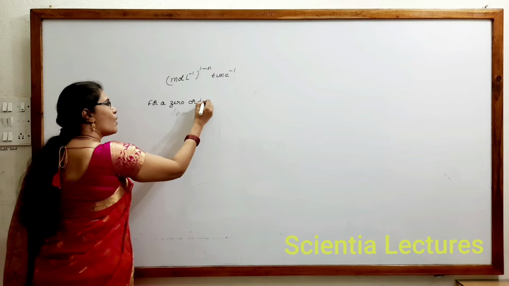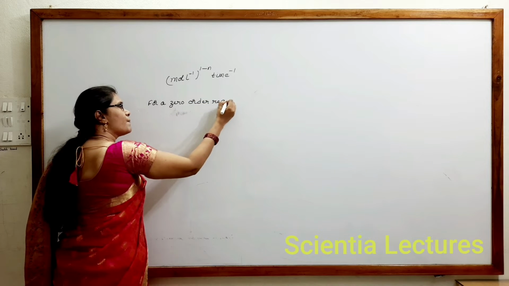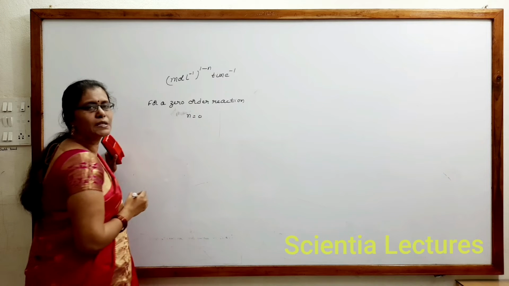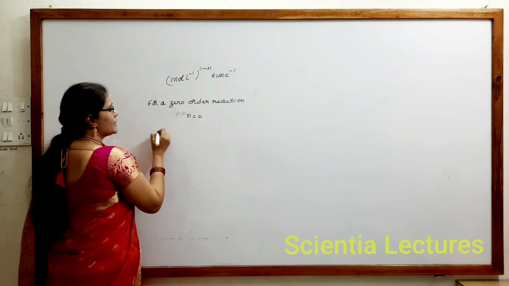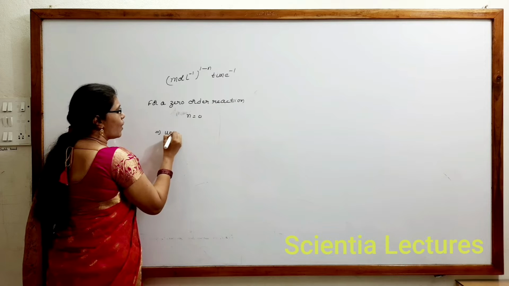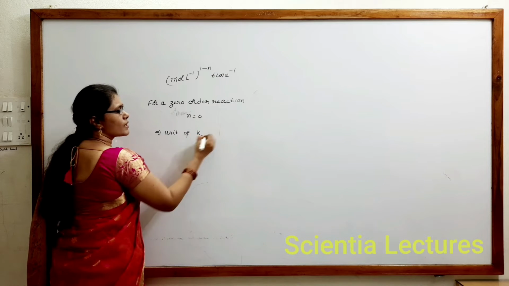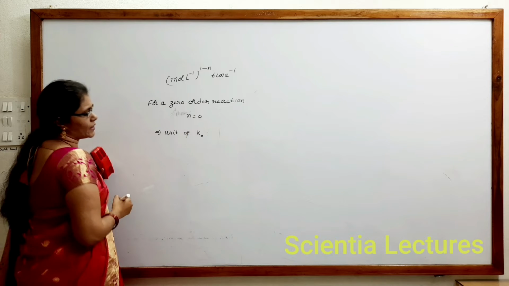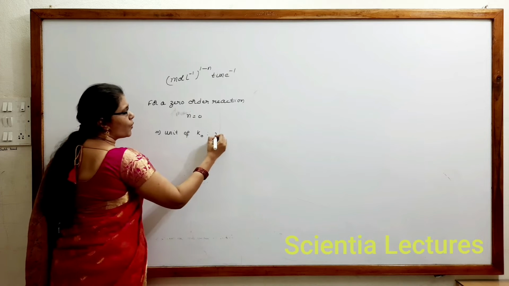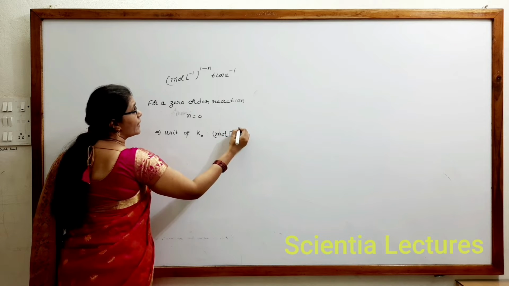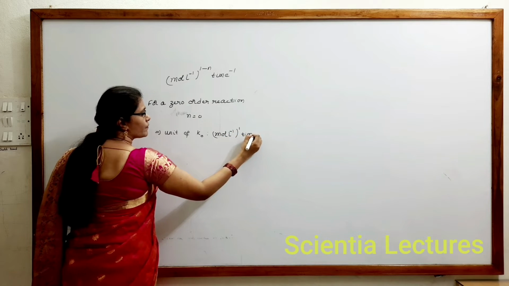For a zero order reaction, n must be equal to 0. So the unit of K naught, which is the rate constant of a zero order reaction, must be mole per liter to the power of 1 per time.